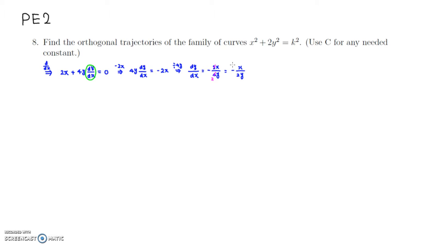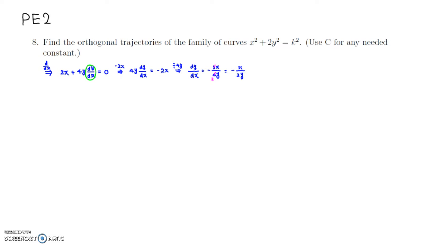Since orthogonal trajectories are perpendicular to those ellipses whenever they intersect, the slope of the orthogonal trajectories should be the negative reciprocal of this.